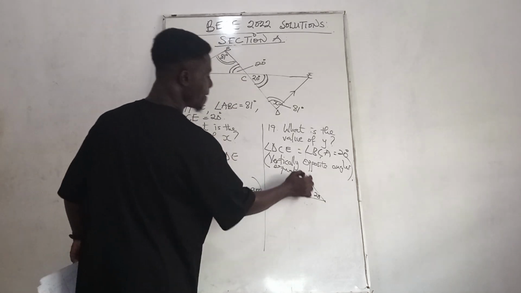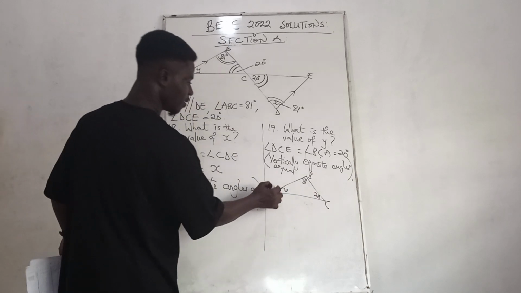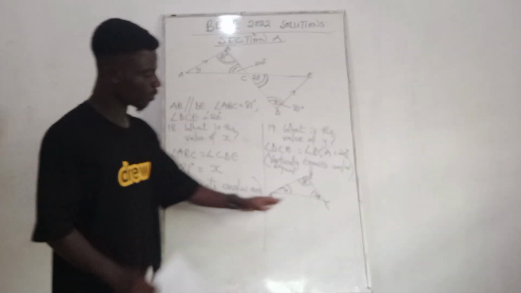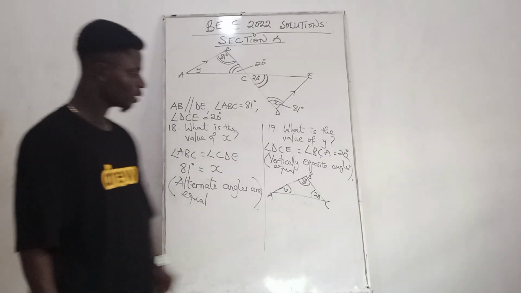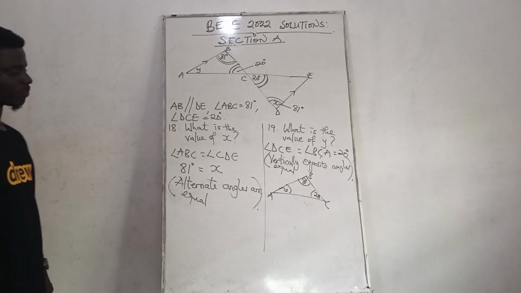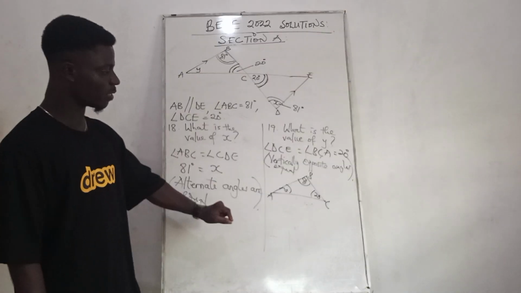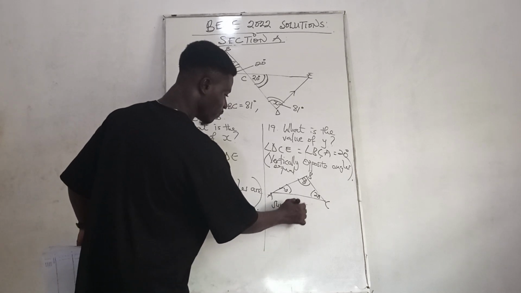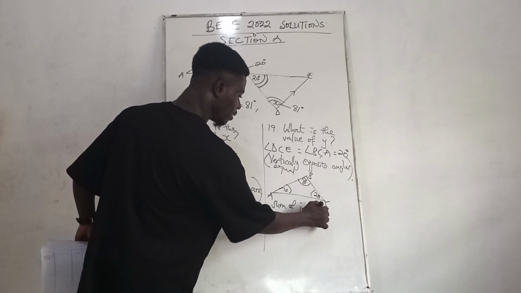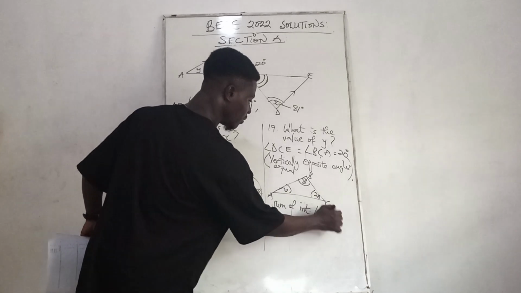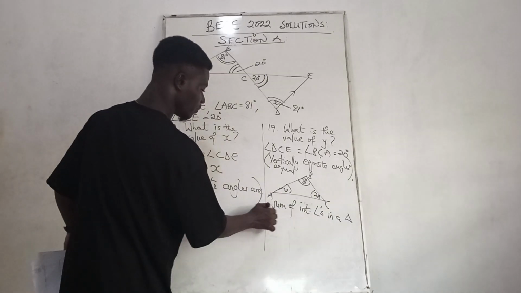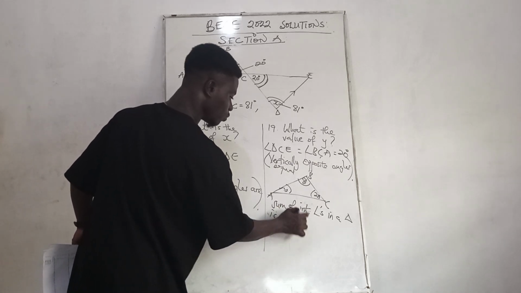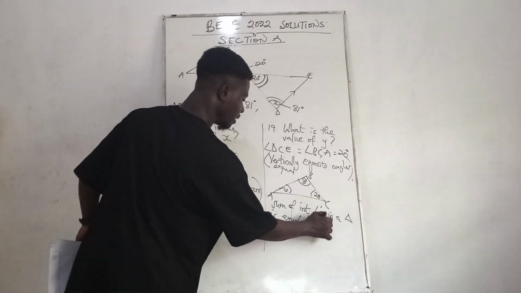So A, B, then C. So now this one is a triangle, right? With three sides. So a two-dimensional shape. If you want the value of y, you can say that the sum of interior angles in a triangle is equal to 180 degrees.